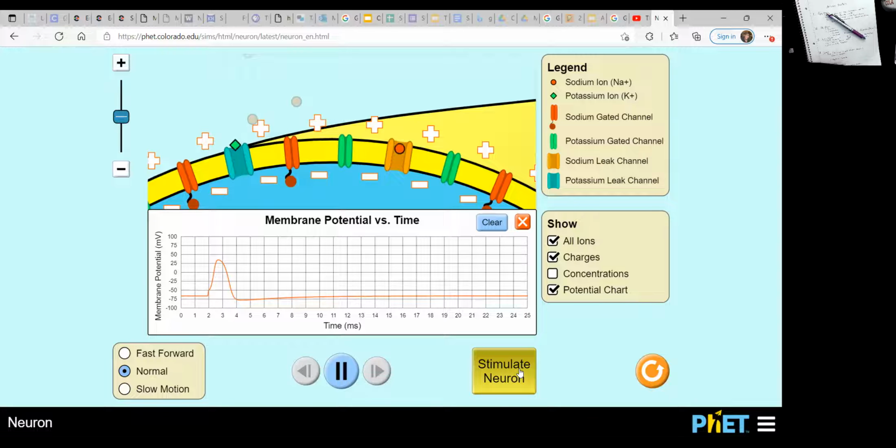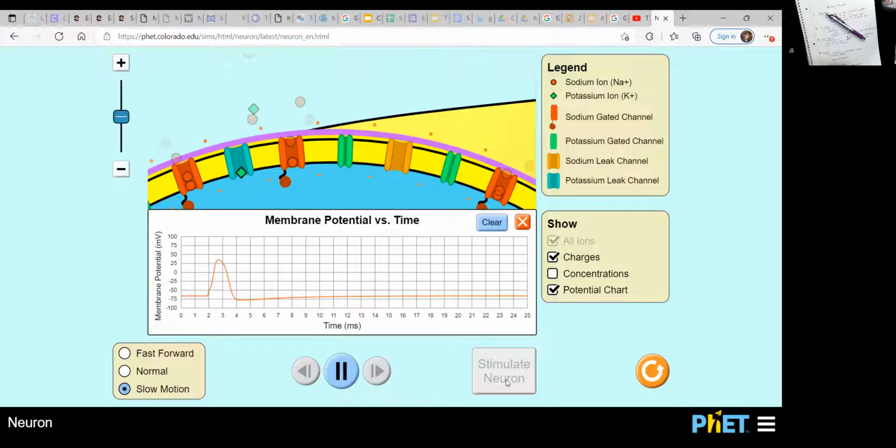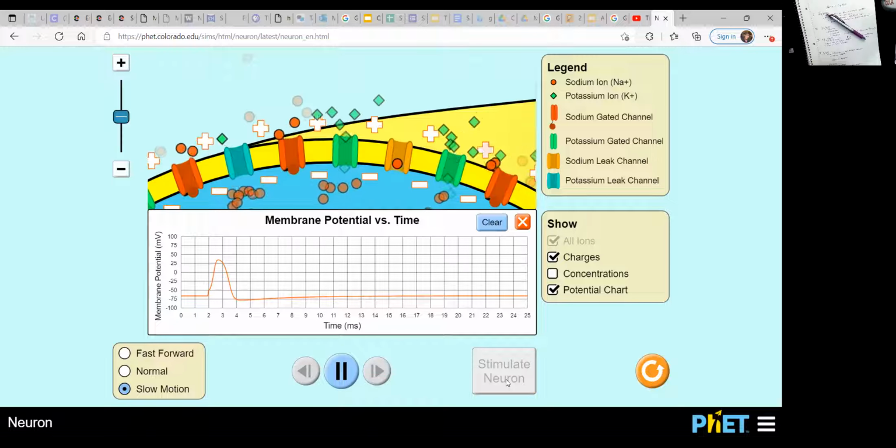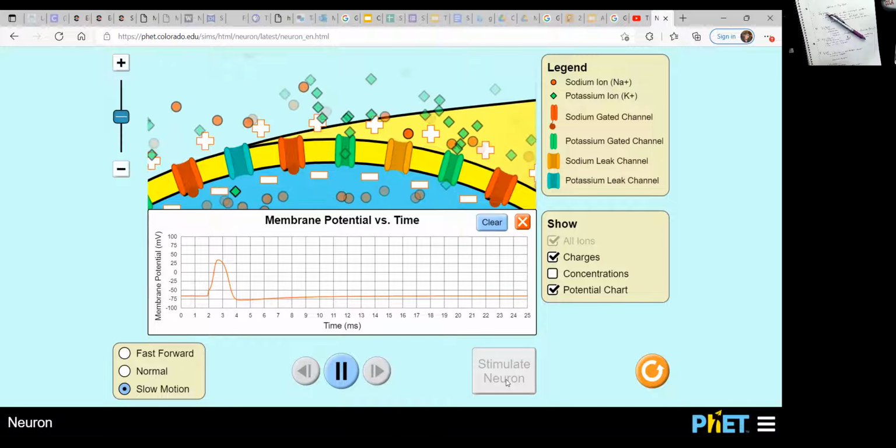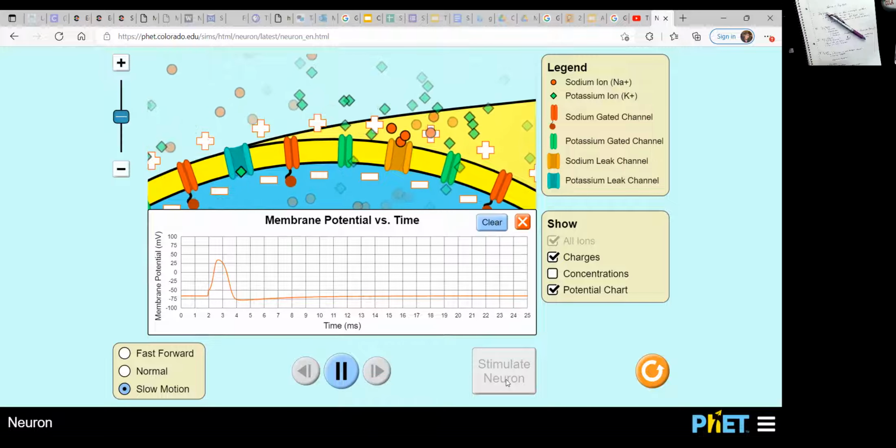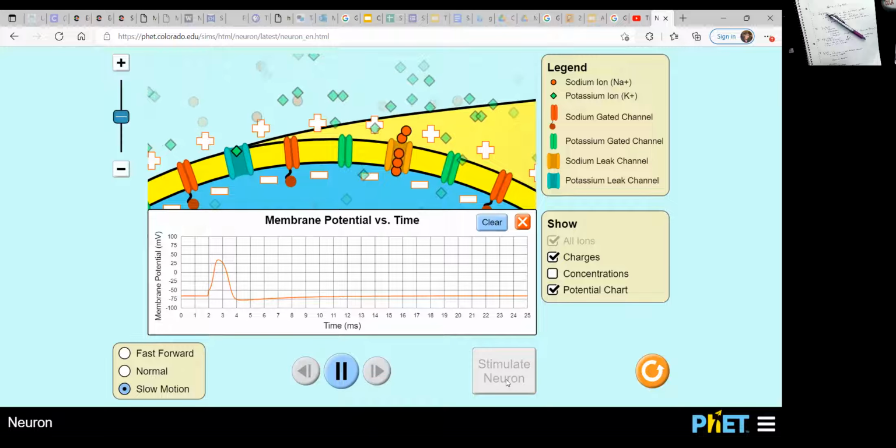So let's stimulate it again, and let's do slow motion this time. Stimulated right there. Here comes the sodium inside. And that potassium is released.